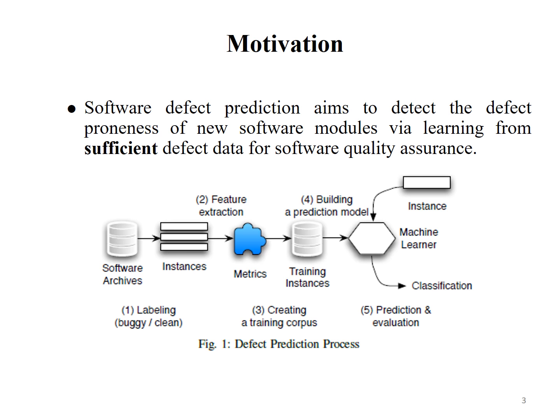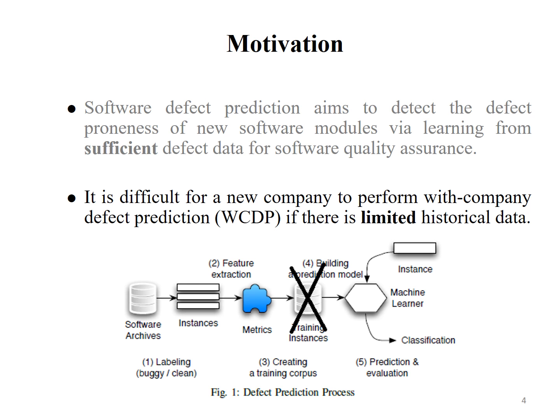So far, many efficient software defect prediction approaches have been proposed, but they are usually confined to within-company defect prediction (WCDP). It works well if sufficient data is available to train a defect prediction model. However, it is difficult for a new company to perform WCDP if there is limited historical data.